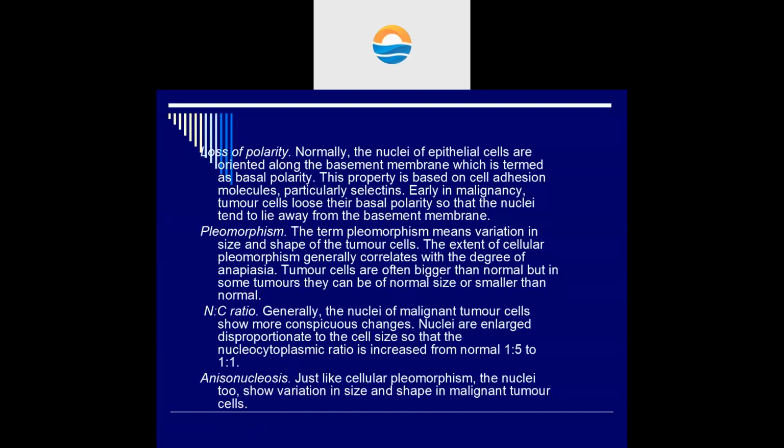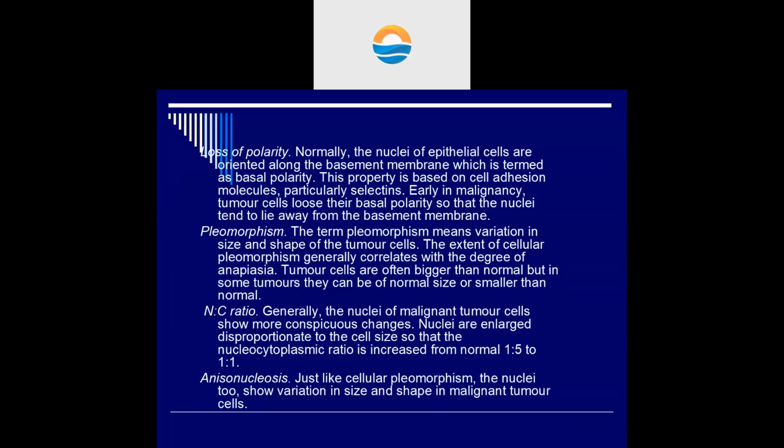So the examples of anaplasia: we see loss of polarity. So what is loss of polarity? Normally, the nuclei of epithelial cells are orientated along the basement membrane, which is termed basal polarity.